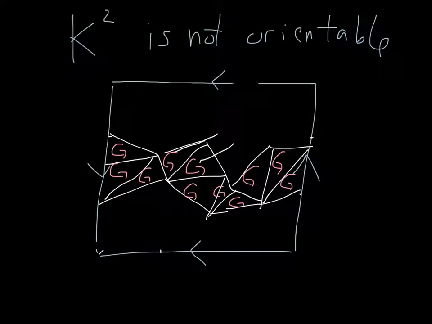So that means this triangle will get flipped over, which will reverse the orientation. So this face and this face will share a common edge, but they'll have the same orientation on that edge. And so that gives us the contradiction, which means that the Klein bottle is not orientable.